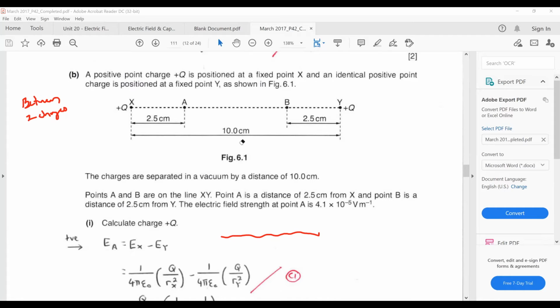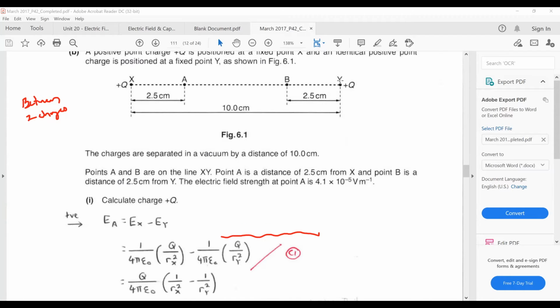So if I were to put a positive test charge here, charge at X, because it's also positive, it will cause an electric field in this direction. This is the effect due to X. If I consider the effect due to Y on a positive test charge, this is positive, this is positive, so my EY will be in this direction.